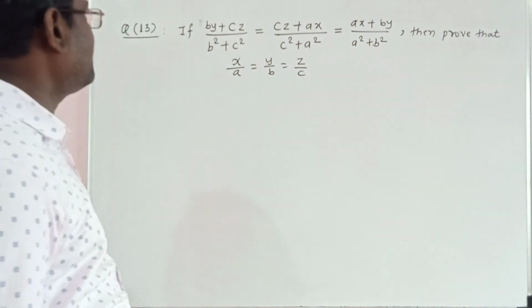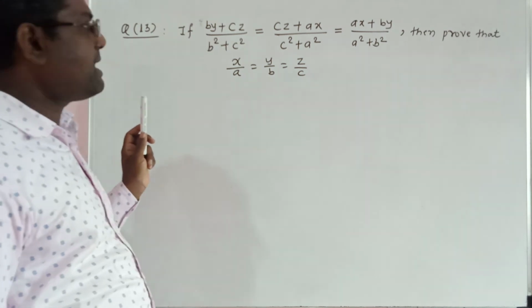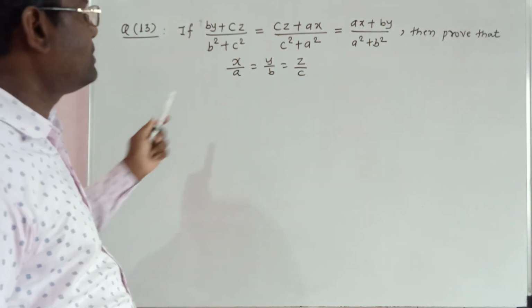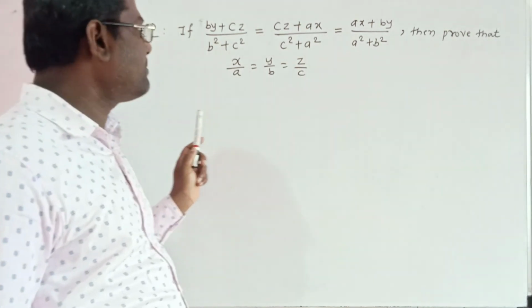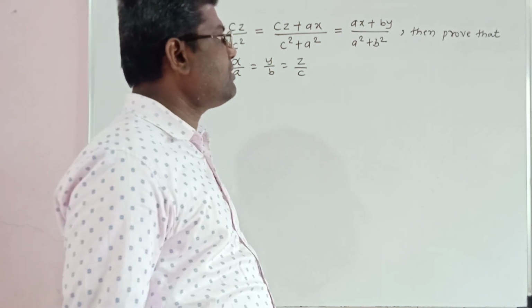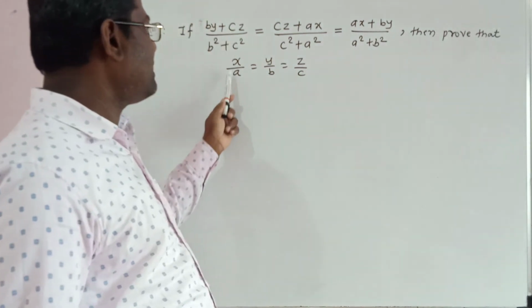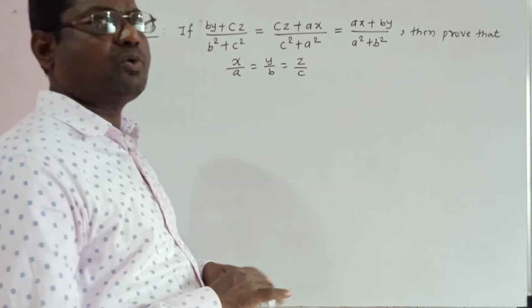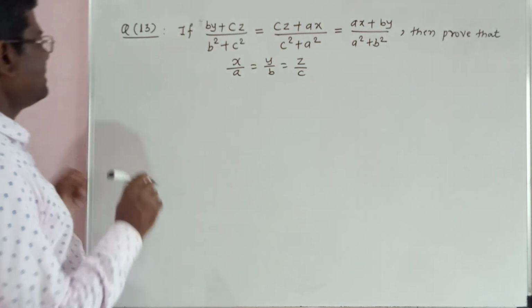Question number 13. If (by plus cz) upon (b square plus c square) is equal to (cz plus ax) upon (c square plus a square) is equal to (ax plus by) upon (a square plus b square), then prove that x upon a is equal to y upon b is equal to z upon c.